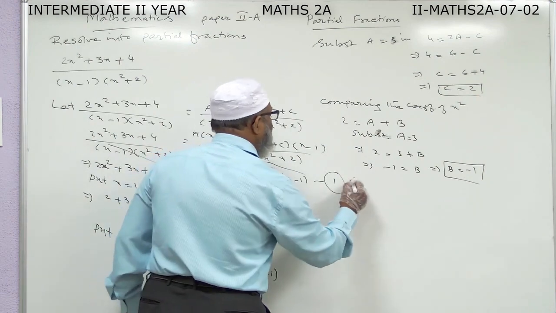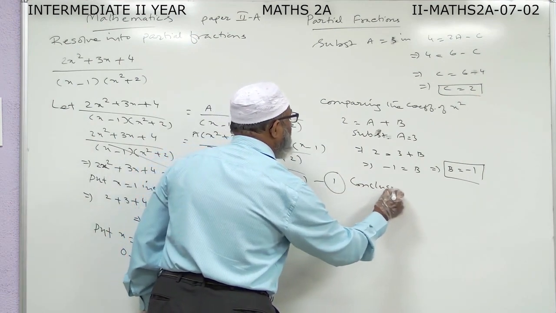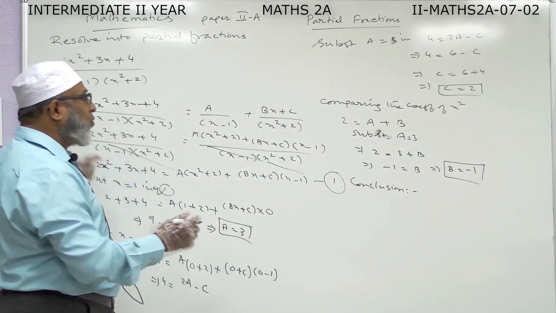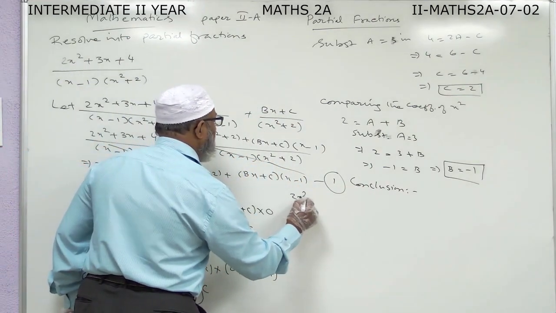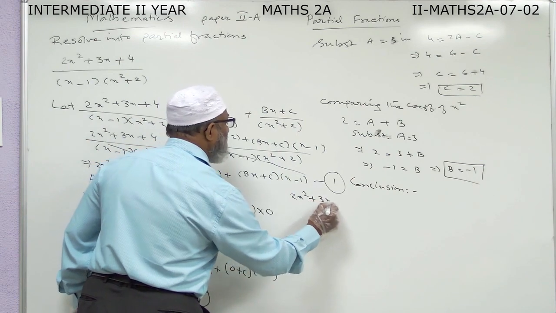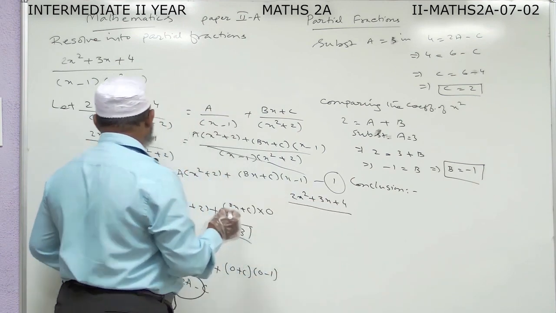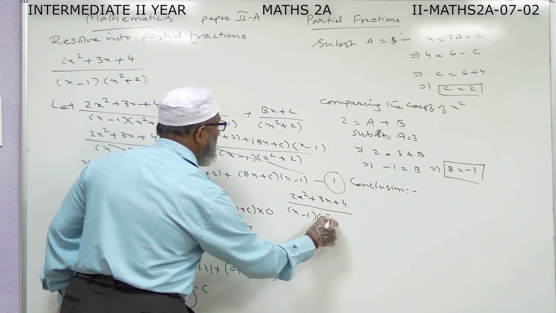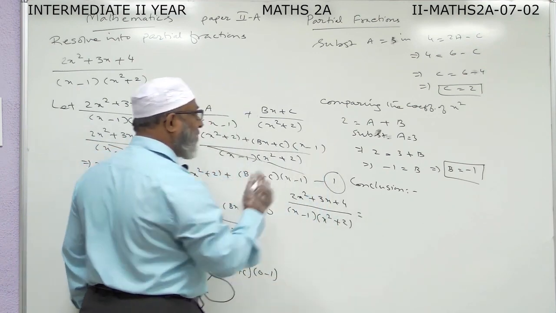In last, I have to write the conclusion. What is the conclusion? This is 2x square plus 3x plus 4 divided by x minus 1 into x square plus 2 is equal to.